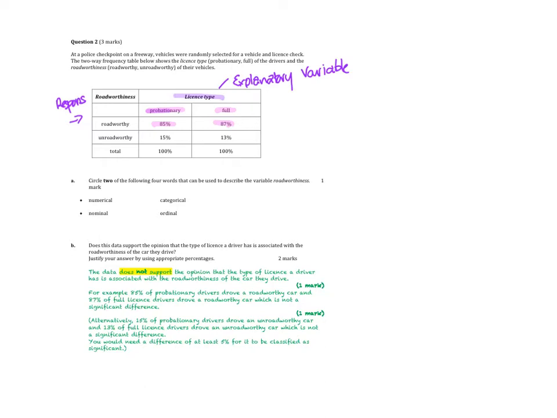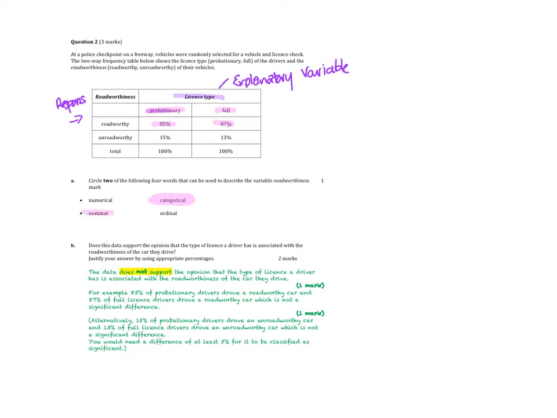Can you see that? So down here, the first question in this was, circle the two of the following words that can describe the variable roadworthiness. Is it categorical? Yes, I would say it's categorical, don't you think? And does it have any order, roadworthy, unroadworthy?